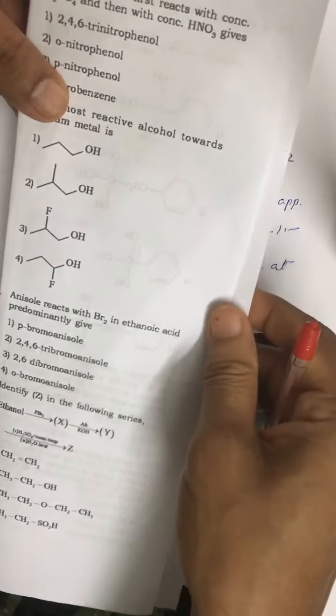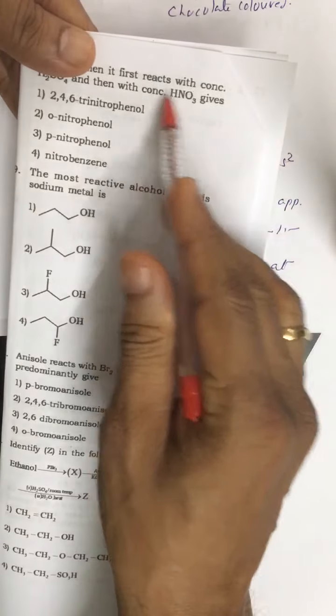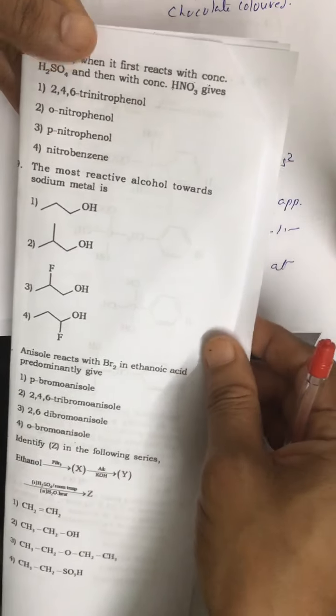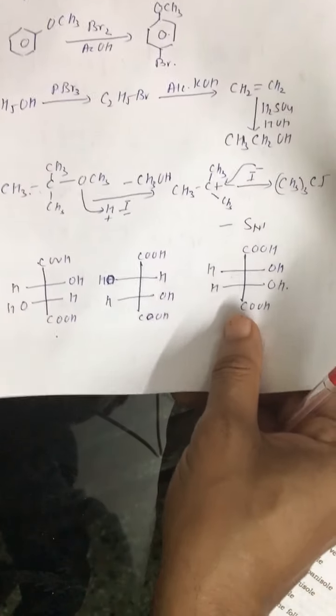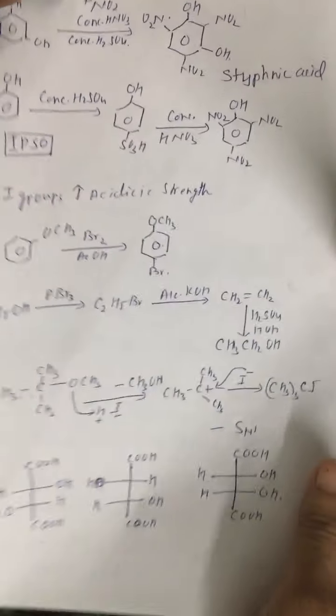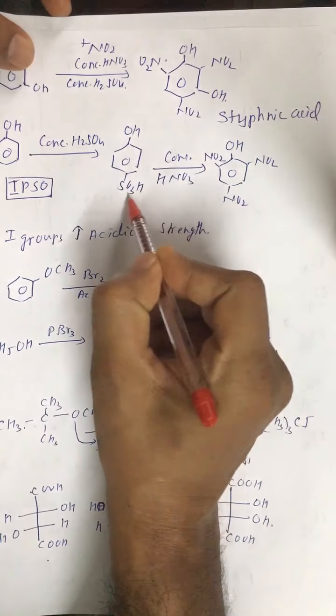Phenol is first treated with concentrated H2SO4, then with concentrated HNO3. So initially we get para-hydroxybenzene sulfonic acid.